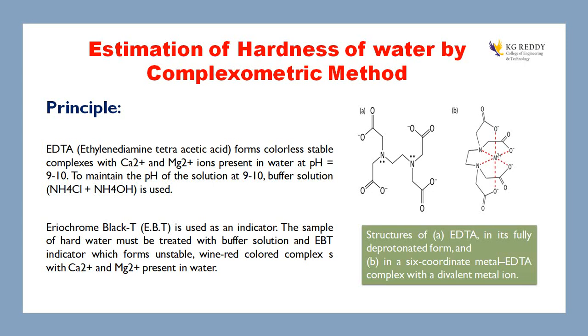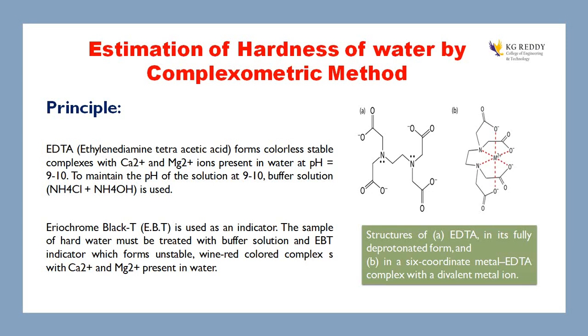To maintain the pH, which should be 9 to 10, we add 5 ml of buffer solution. The buffer solution is composed of ammonium chloride and ammonium hydroxide. Then add EBT indicator to get wine red color, and titrate against EDTA solution. The wine red color changes to steel blue.